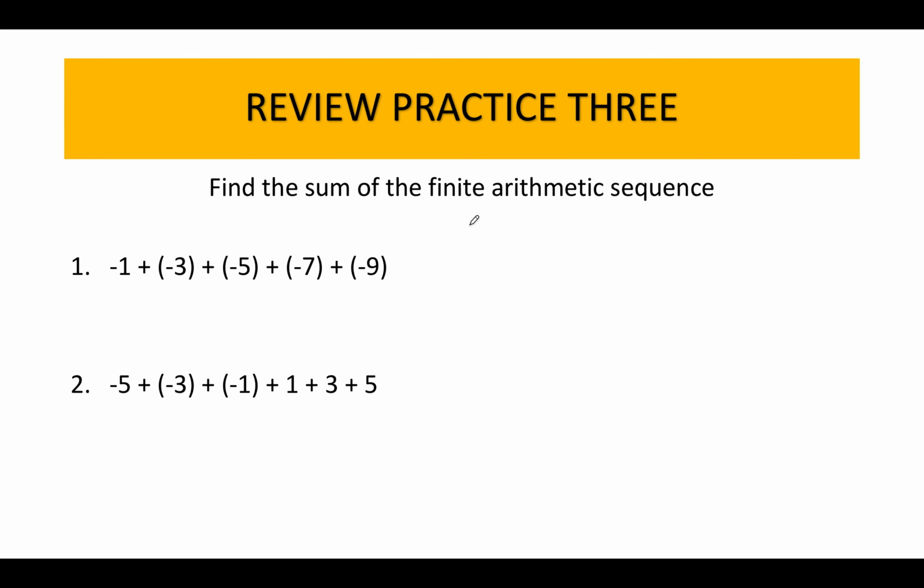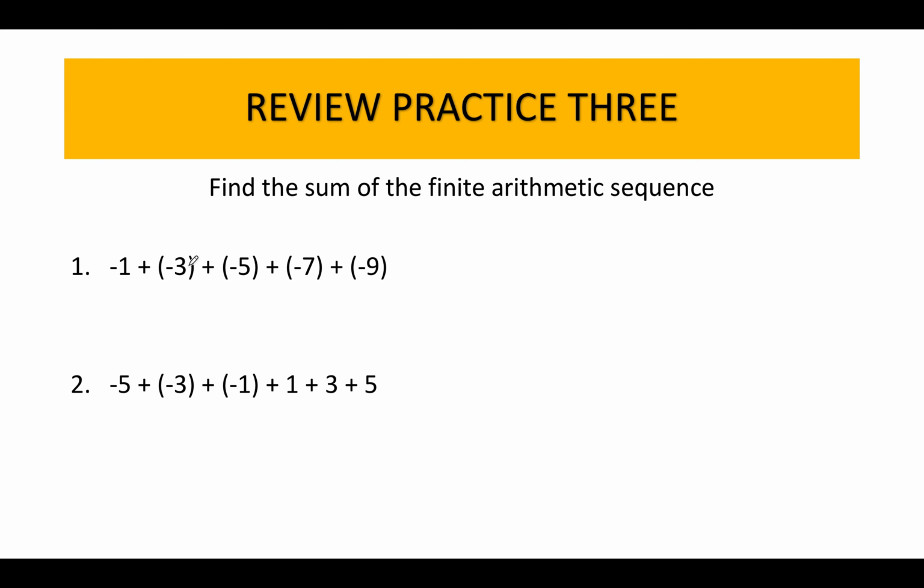Yeah, it's really that easy. This is a finite arithmetic sequence where each term you get by subtracting 2. Now they're telling us to find the sum, the total sum of it. We can easily do this just by adding it, but that's not what they really want us to do.